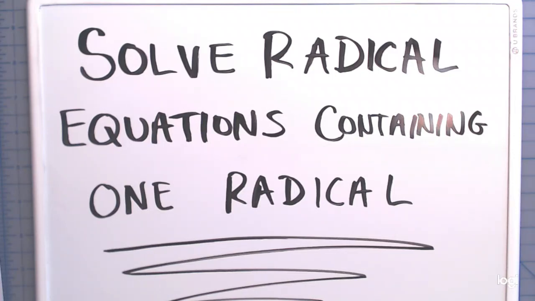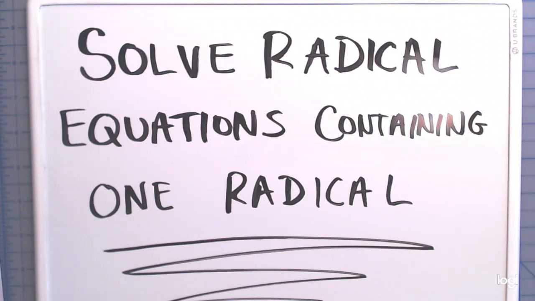Hello and welcome to this video on solving radical equations containing one radical. In this video I have several examples of radical equations involving one radical, so one expression in a square root or one expression in a cube root, etc. We'll go about solving those equations, figuring out what values I can replace the variable with to make a true statement.